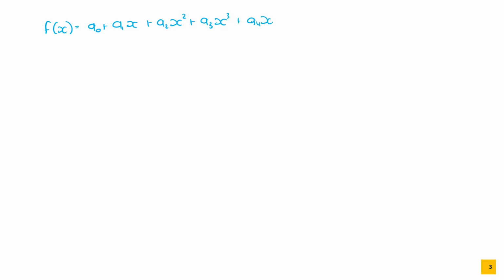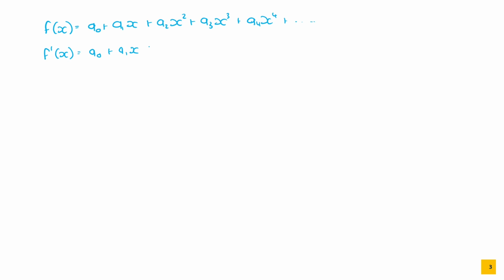So let's first write the function f of x is equal to a0 plus a1x plus a2x squared plus a3x cubed plus a4x to the 4 plus dot, dot, dot. Let's take the first derivative.